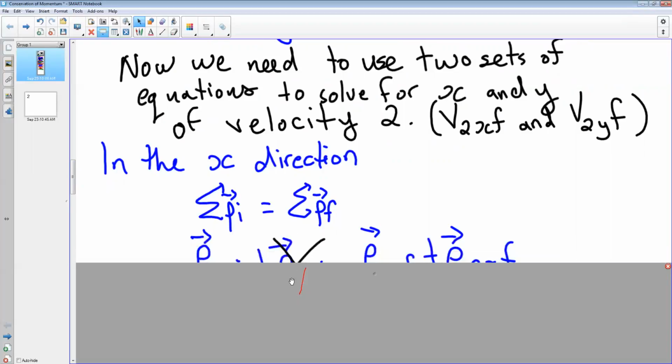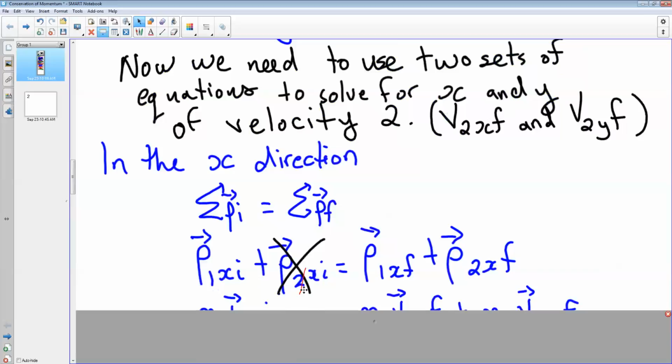Right off the bat, I got rid of the momentum in x initial of mass 2, because it was stationary. So just say goodbye to it. That's the easiest way to look at that. Second, we have to understand that all these other values are there, but we can go to the next step because momentum equals mass times velocity. We will have to actually show momentum equals mass times velocity.